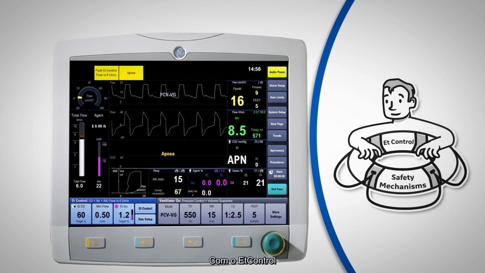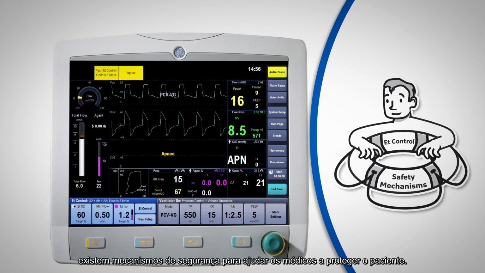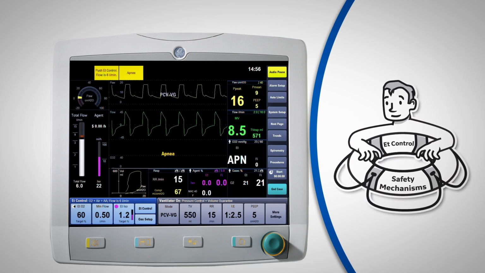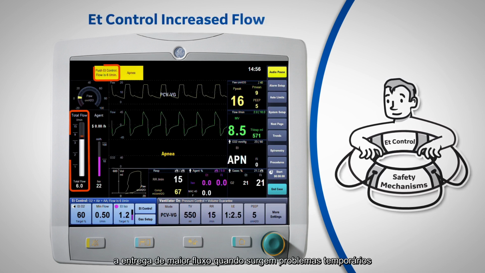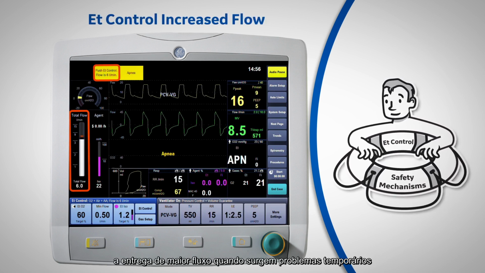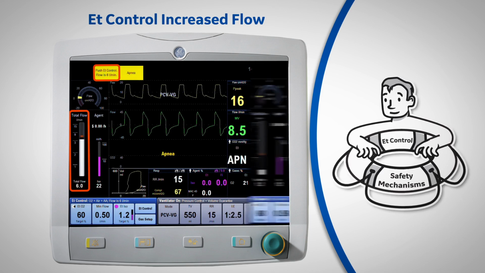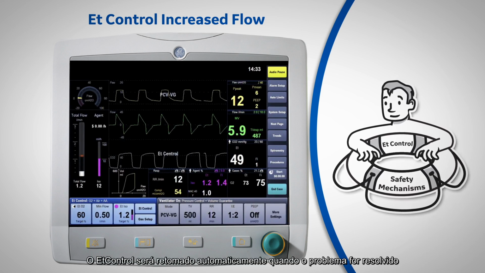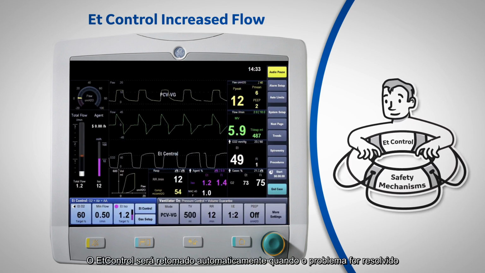With end-tidal control, there are safety mechanisms in place to help clinicians protect the patient. The safety mechanisms include the delivery of increased flow when temporary issues arise, such as a leak. End-tidal control will automatically resume when the issue is resolved.